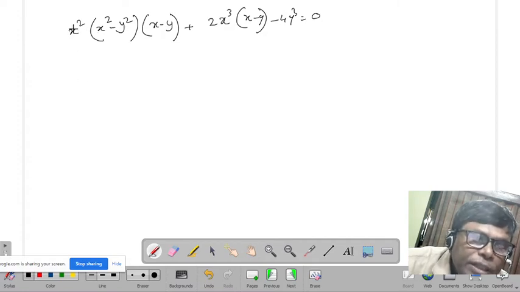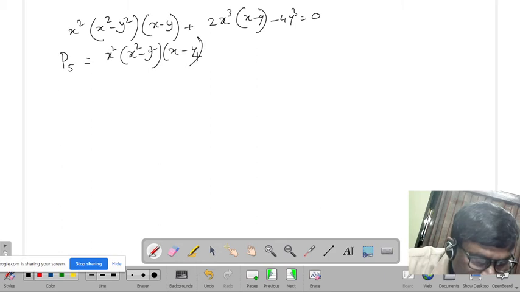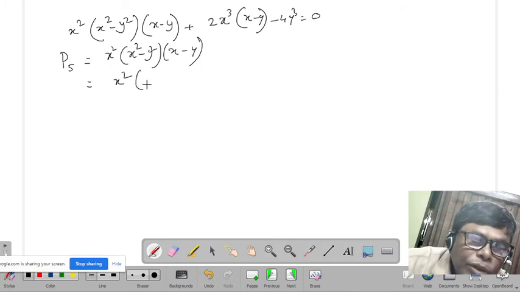P5. See here, x to the power 4 and here x, so x to the power 5. Okay, so P5 will be the highest degree term, Pn. And what is that term? x square into (x square minus y square) into (x minus y). Okay, and this can be written as x square into (x minus y) whole square into (x plus y).